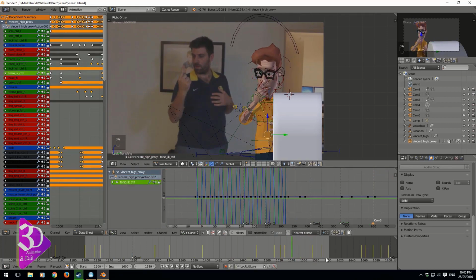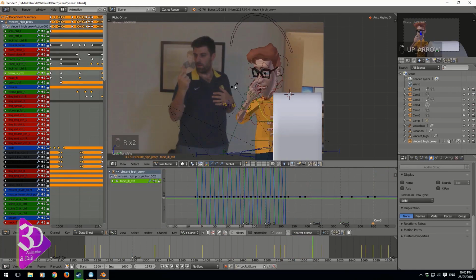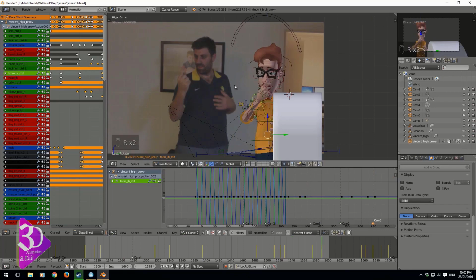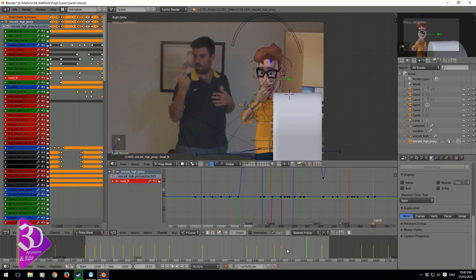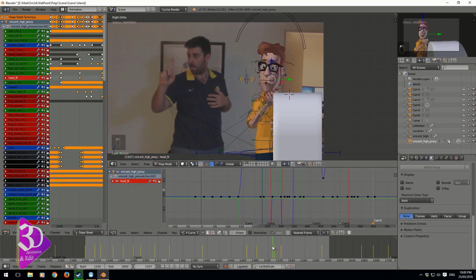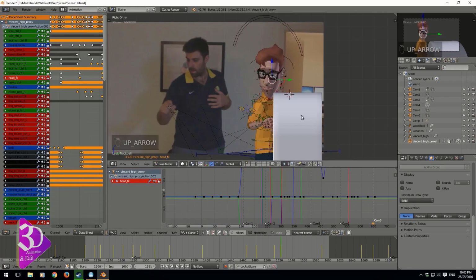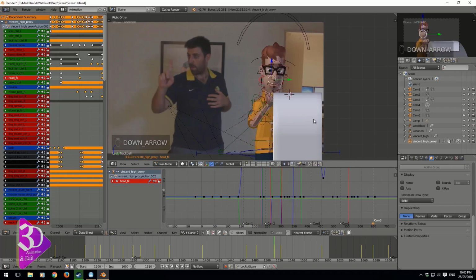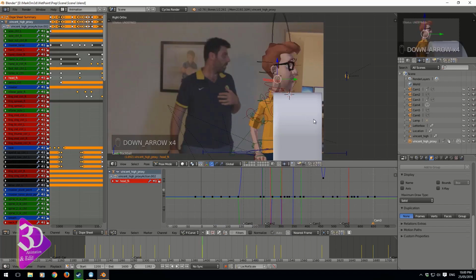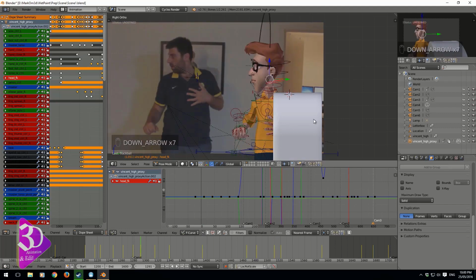I don't like that, so I'm going to rotate Z15, rotate Z15, and that should be good enough. So he's looking at his finger. Okay. You need to be looking at your hand. This bit's fine because he's looking around.